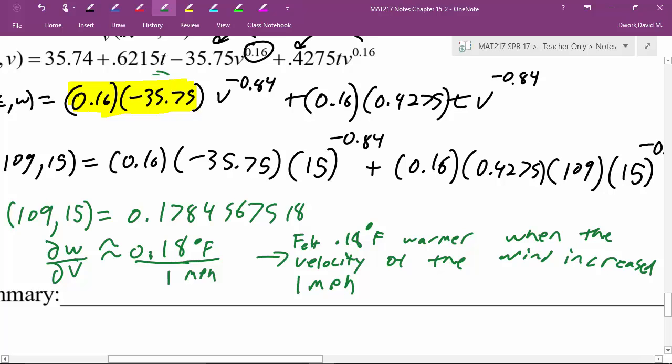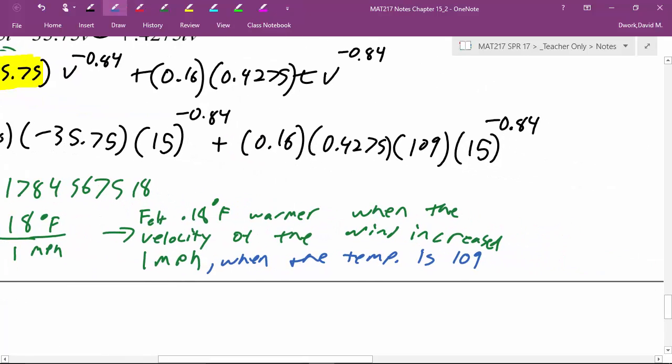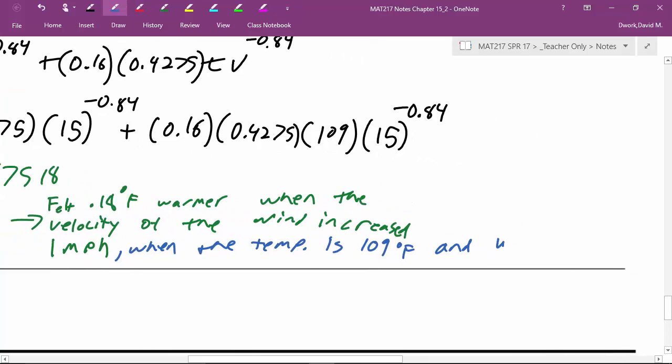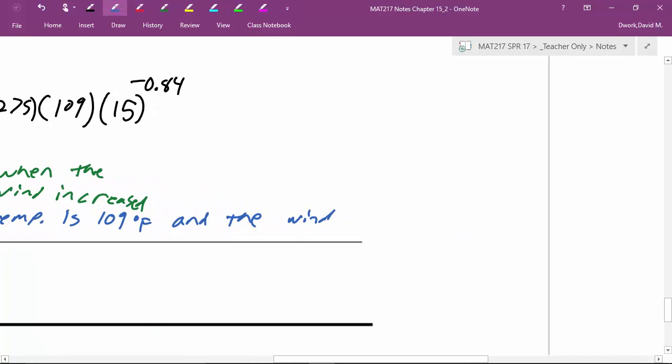Well, but we're not done yet. Did we have to plug in any values? Yeah, I had to substitute in for my temperature and for my velocity. So we have to include that. So we're going to say when the temperature is 109 degrees Fahrenheit and the wind is blowing 15 miles per hour.